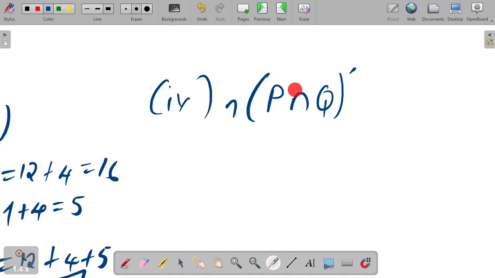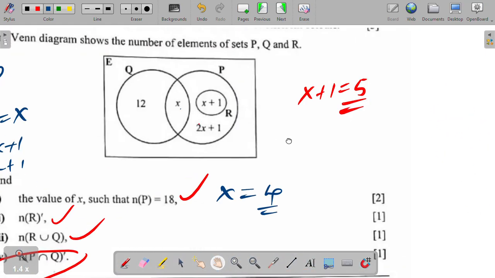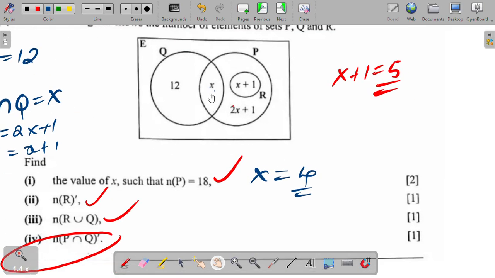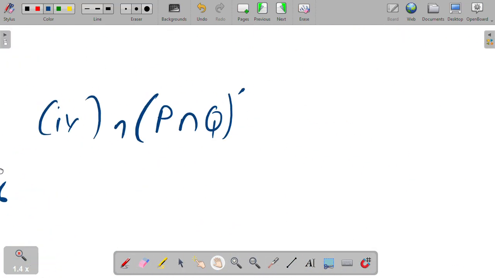It means not part of this set. Remember, this means the elements between P and Q. What is that element? That element is 4. The examiner doesn't want you to include it. This is what it means here.